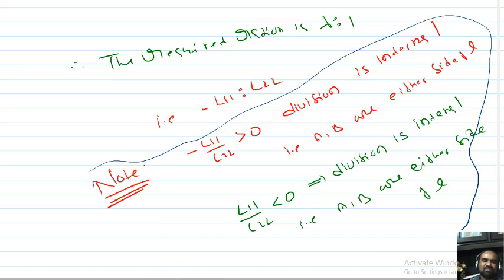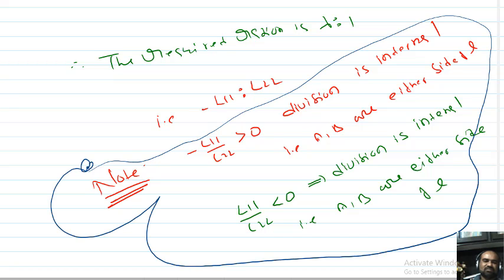You should remember this. Just find L11 and L22. If they are of opposite sign, then I can say the division is internal and A and B are on either side of L. Okay, next, note 2.